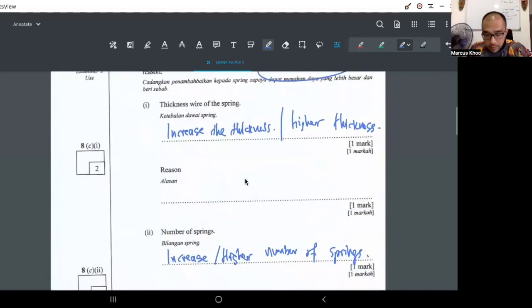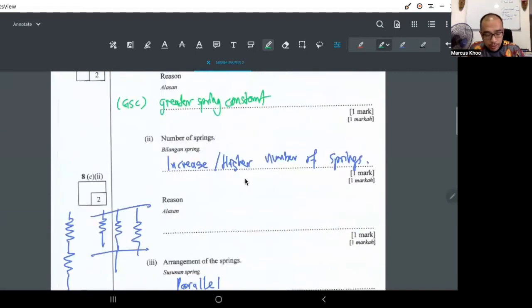Now, the reason why I stopped and didn't give the reason is that for all three characteristics, you can actually give the same reason, which is greater spring constant, or to increase the spring constant. I'm going to call this GSC.